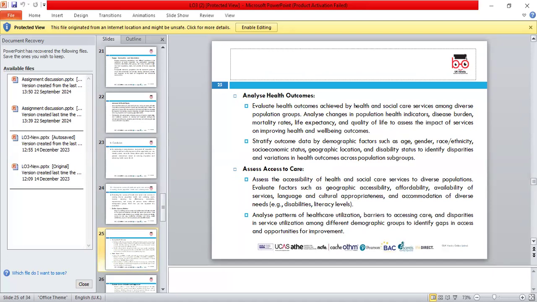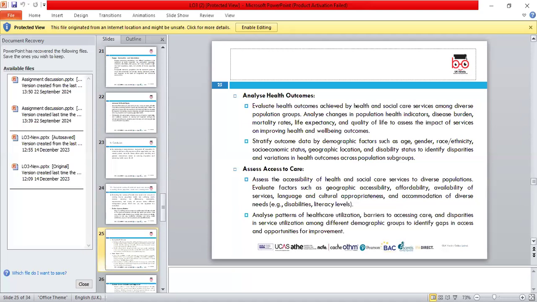Analyze health outcomes. Evaluate health outcomes achieved by health and social care services among diverse population groups. Analyze changes in population health indicators, disease burden, mortality rates, life expectancy, and quality of life to assess the impact of service on improving health and well-being outcomes.